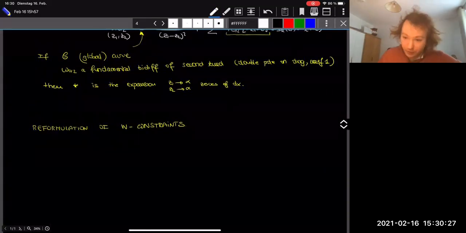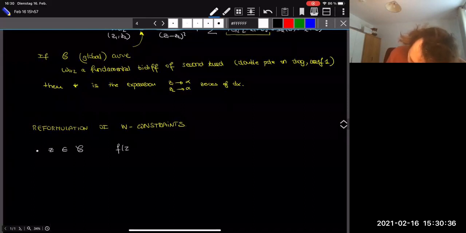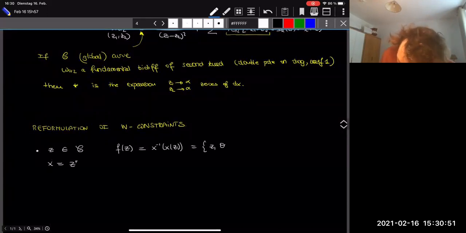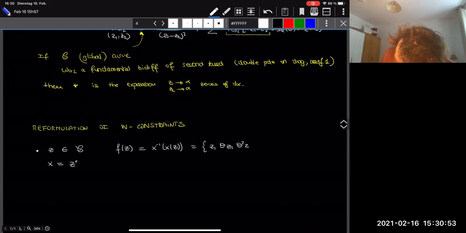These come from the geometry of the curve. If you have a point z, you can look at the fiber above x of z. And in this special local coordinate where x is z to the r, this is z, theta z, theta squared z, up to theta r minus 1 z, where theta is the rth root of unity.